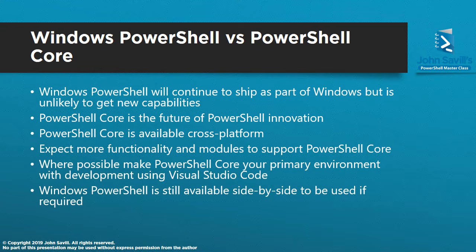Remember, I still have Windows PowerShell available to be used in a side-by-side manner if its use is required. However, remember, VS Code can also handle Windows PowerShell. And one of the other big shifts we're going to be seeing, and again, I'm going to have a module on this, is infrastructure as code.